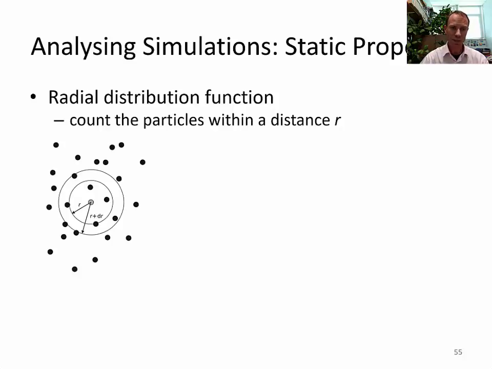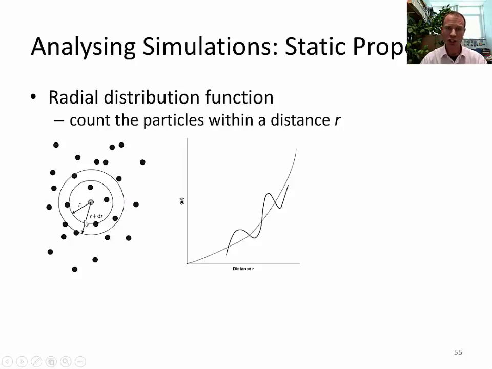So in this schematic here, we've got our particle of interest, then we look in a very thin shell between r and r plus dr away from this particle and count the number of particles. If we then plot this g of r against distance, if the system were completely uniform, we get this nice smooth curve here, and this smooth curve is just related to the increasing volume of a sphere as you make r larger.